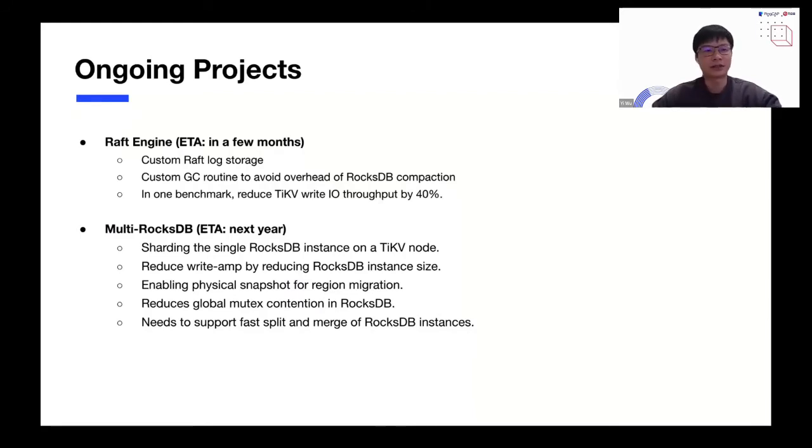Instead of storing the Raft log as key-value pairs in RocksDB, we now store the Raft log in log files, and with a custom GC routine that is more efficient than RocksDB compaction, we actually see in some of the benchmarks we reduce the overall TiKV throughput by 40%, which is a lot.